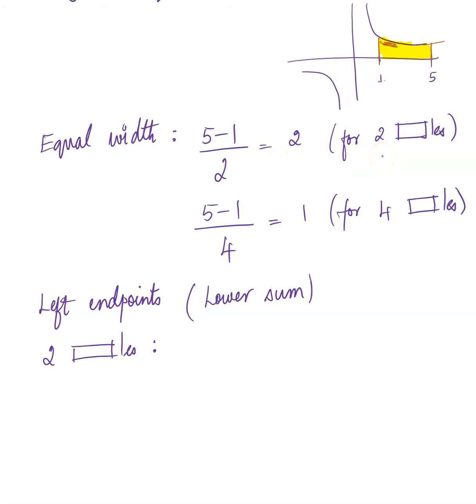So from 1, add 2, that's the equal width, so 1 plus 2 will give you 3, then from 3 you move to 5. So the 2 intervals will be 1 to 3 and 3 to 5. Do you notice that? That will give you the left end points, right? So the left end point is 1, 1 comma 1 over 1, and this left end point is 3, 3 comma 1 over 3. 1 over x is the function, so do 1 over 3.